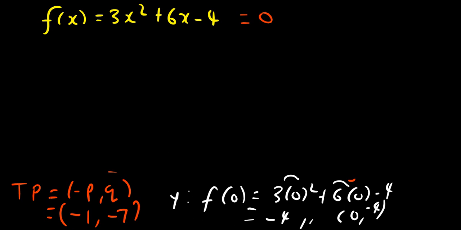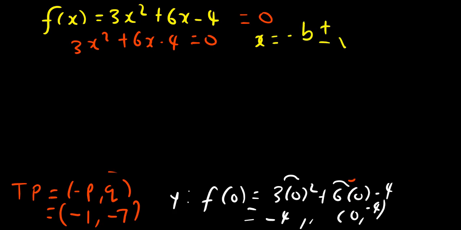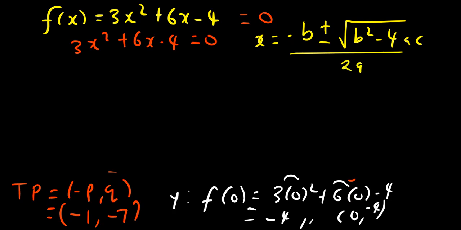So we are having 3x squared plus 6x minus 4 equals 0. For us to solve this one, we're going to use the formula method. You remember the formula for a quadratic expression, because we're trying to find those 2 points: x equals negative b, positive or minus the square root of b squared minus 4ac, over 2a.